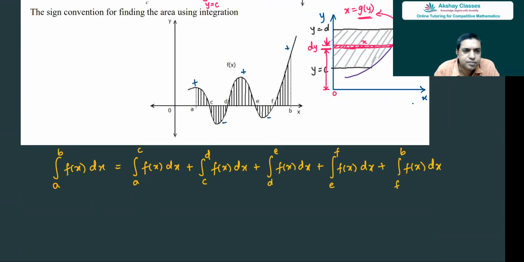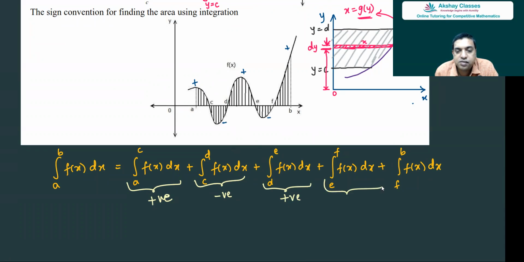Now this is positive value. This is negative because the portion of the curve is below the x-axis. Now this is positive. This is negative, and this is positive.